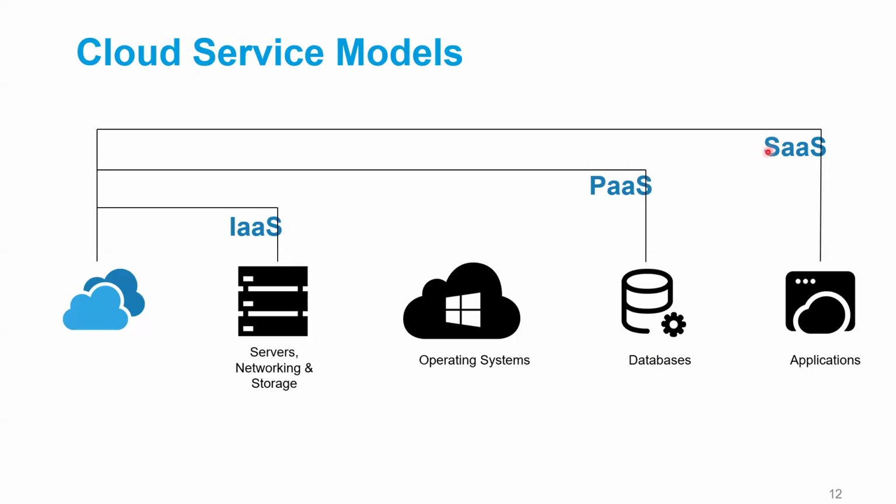And then we have SaaS, software as a service. Whenever we access applications, we rent applications, so we are actually using software as a service. Okay, so an example of SaaS is Gmail.